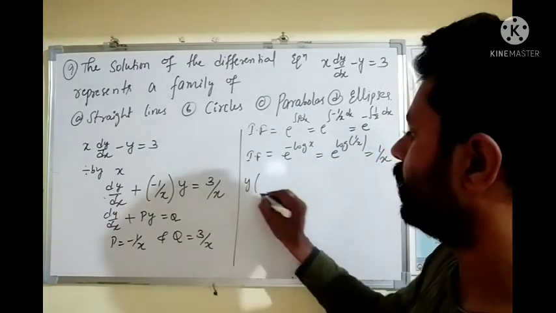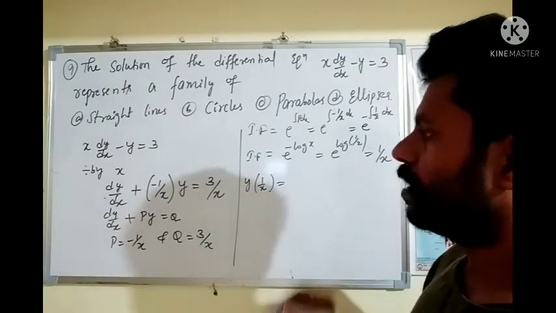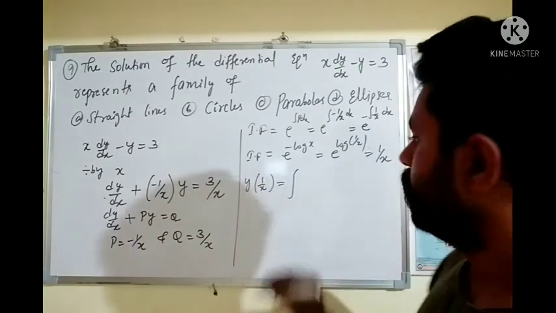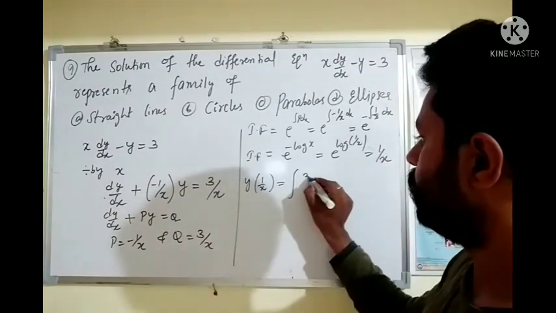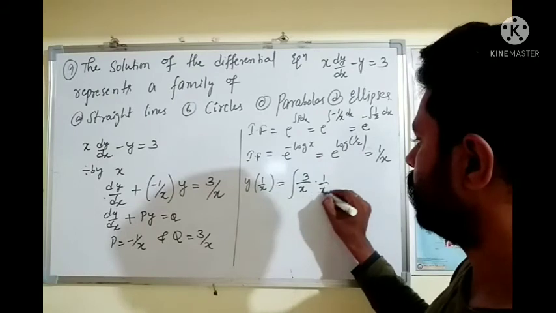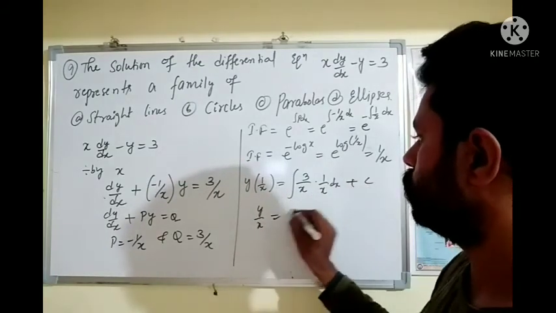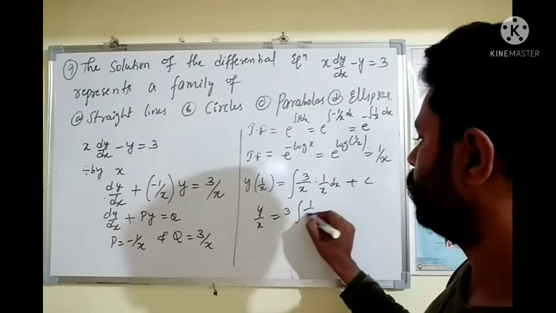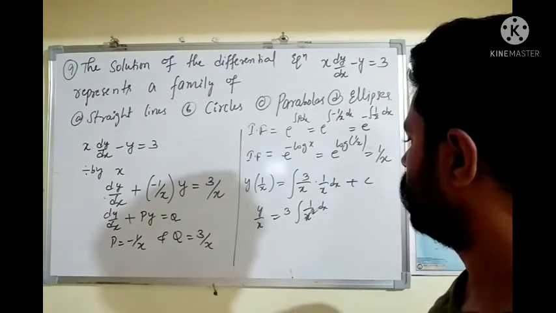y into integrating factor, 1 by x, is equal to integral of q into integrating factor. Here we have q is equal to 3 by x. 3 by x into integrating factor 1 by x into dx plus c. See, y by x is equal to 3 outside, integral of 1 by x square into dx plus c.